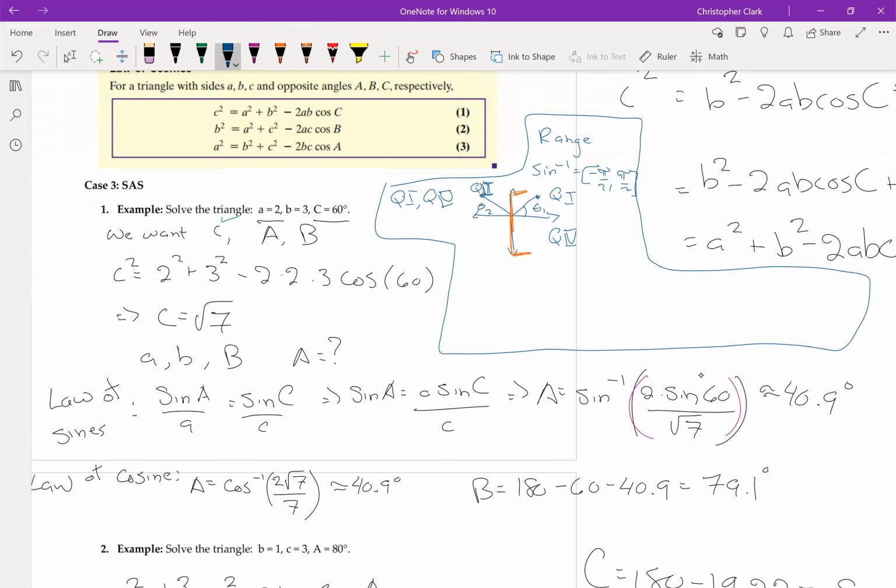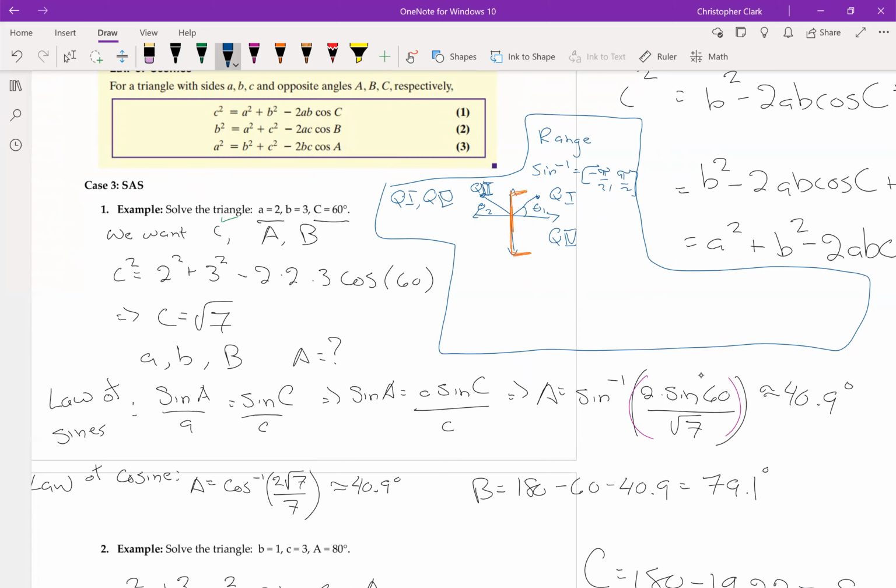So I'm trying to remember in class, I talked about the sine inverse telling you that this isn't a solution, because it's not. This second one isn't a solution for sine inverse, because we have to cut off sine inverse, but it is possible that it could be a solution for our problem, because our sine inverse doesn't give us all the information that we need. So we just have to be a little bit careful about that.